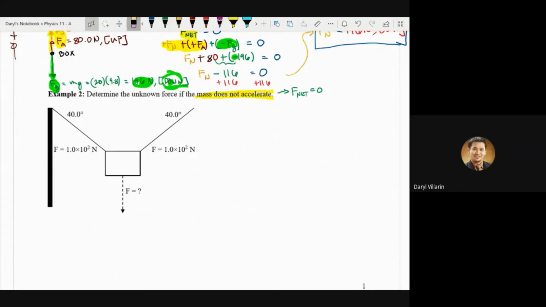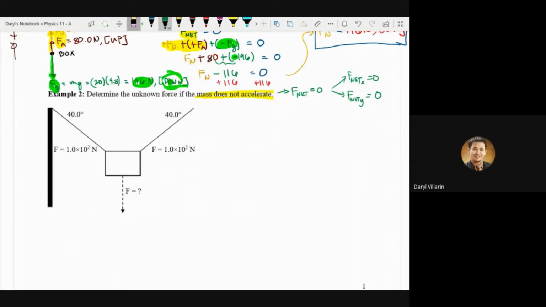So net force is equal to 0 also means that the net force along X is equal to 0 and the net force along Y is equal to 0. That means that if I take all the forces along X and I take the sum, it should give me 0.